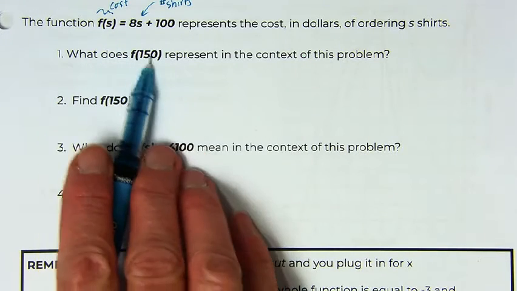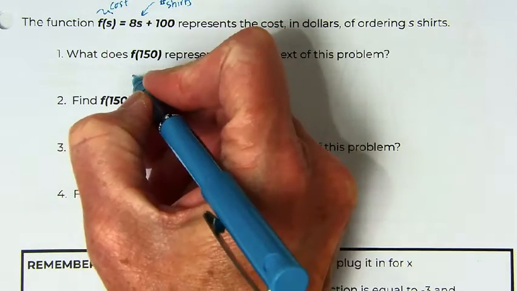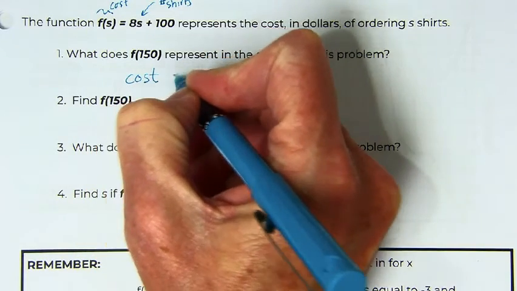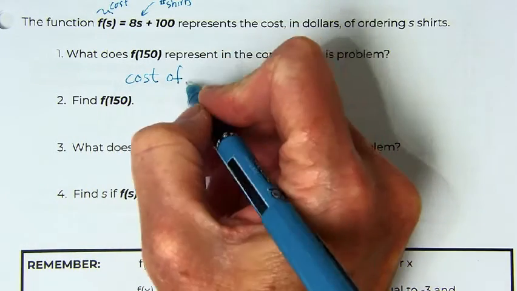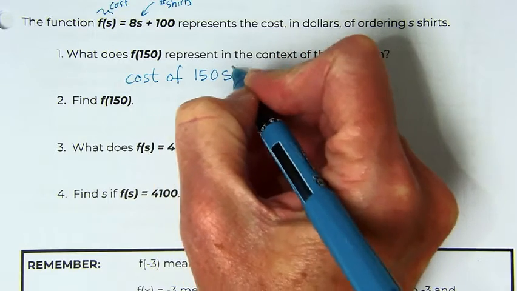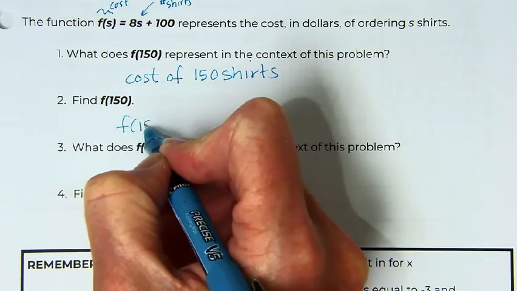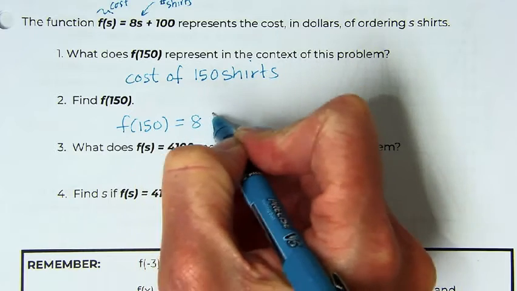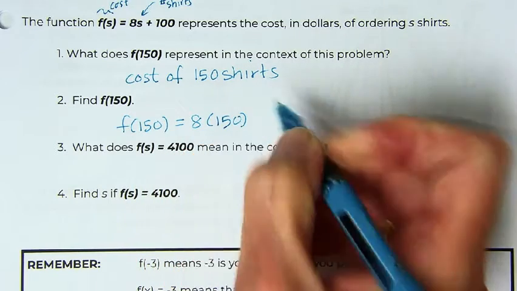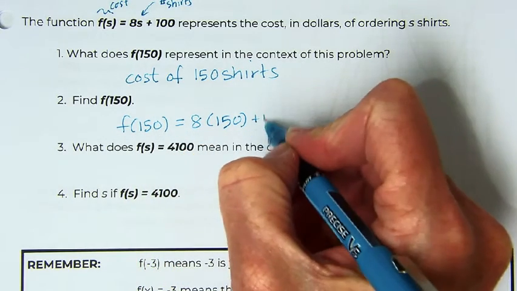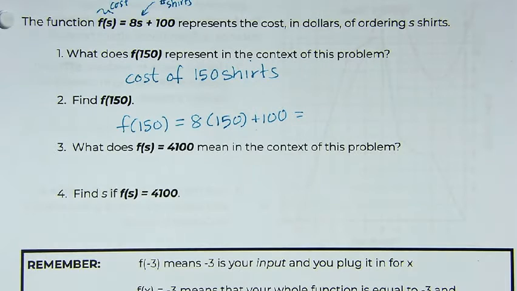Well, that 150 is replacing the s, and it's really saying what's the cost of 150 shirts. So if I were to evaluate that, I would just plug in 150 times 8 plus 100, and you guys can use a calculator and figure out that answer.